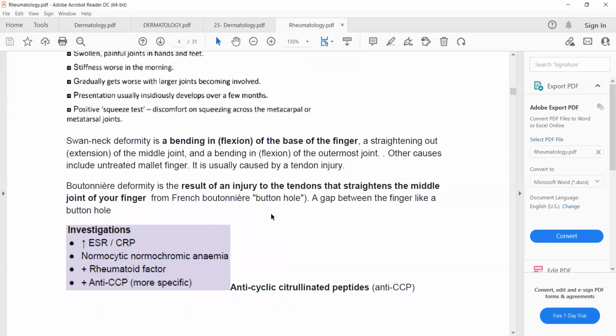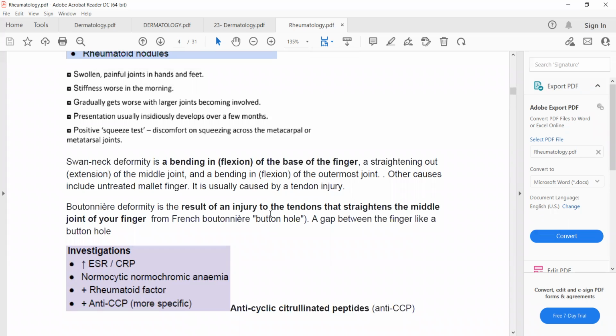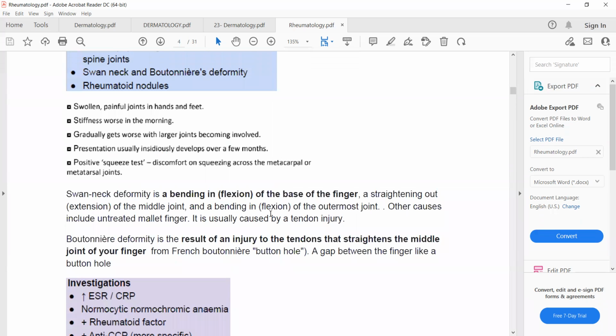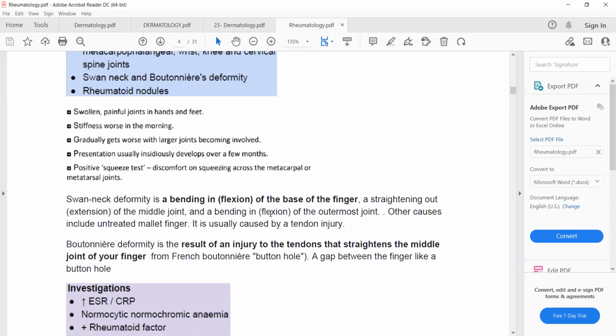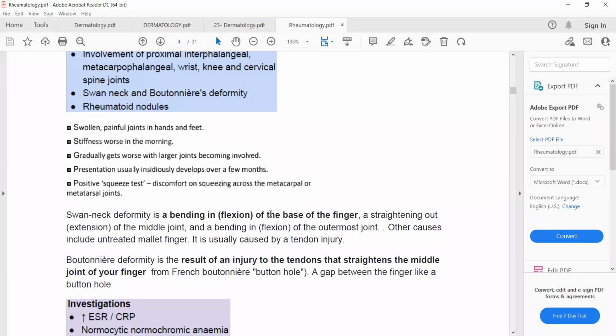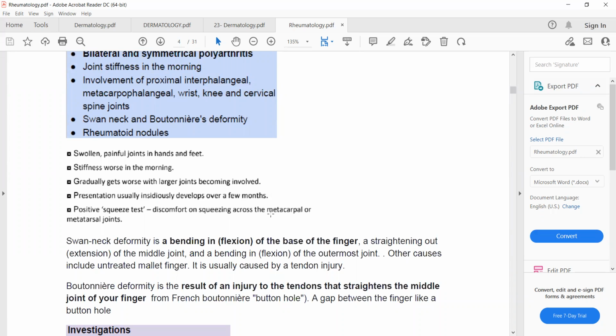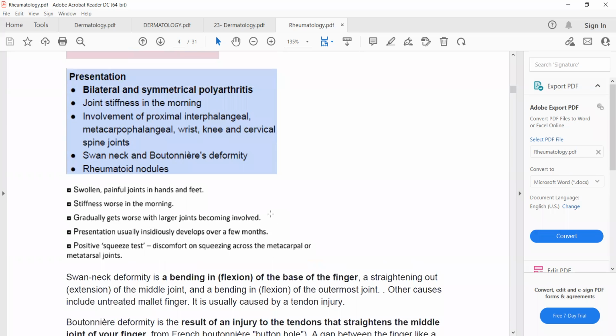It is basically flexion of the base of the finger and extension of the middle joint. You do not need to remember this detail. You can just remember that swan neck and boutonniere deformity are present in rheumatoid arthritis.